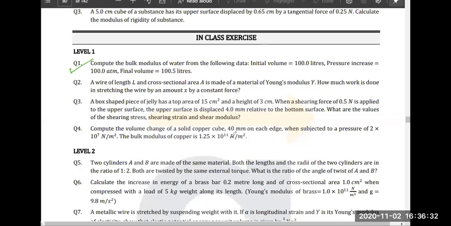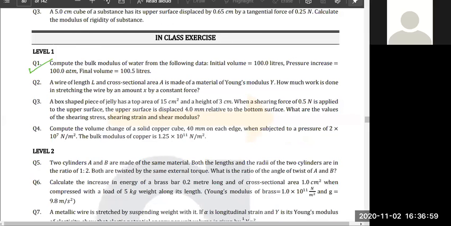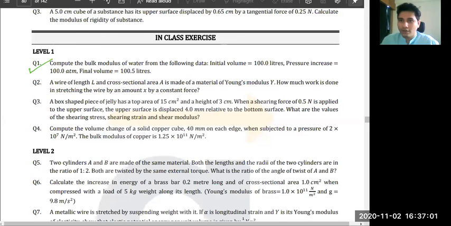Okay, fourth, let's see question number fourth. Guys, fourth question number. Okay, I'll ask someone, please let me know how to solve question number fourth. Amish, I'm unmuting you. Amish, please tell me how to solve question number four. Amish, can you hear me?